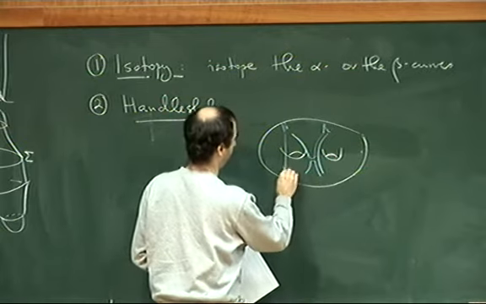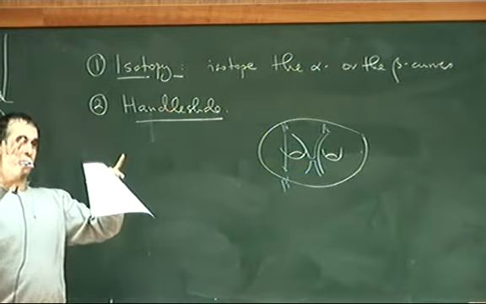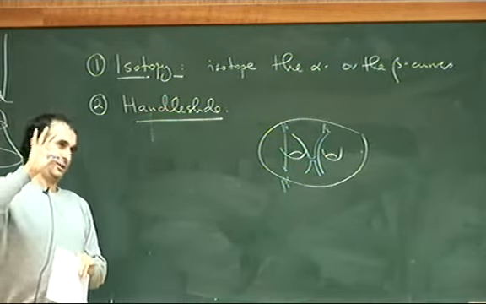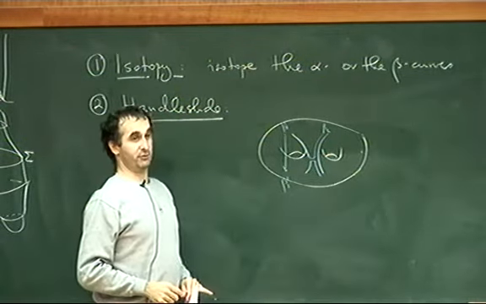And this will now be beta 1 prime. So if we have two curves, we make two new curves out of that. One of them stays the same, and the first one becomes the connected sum of the two.